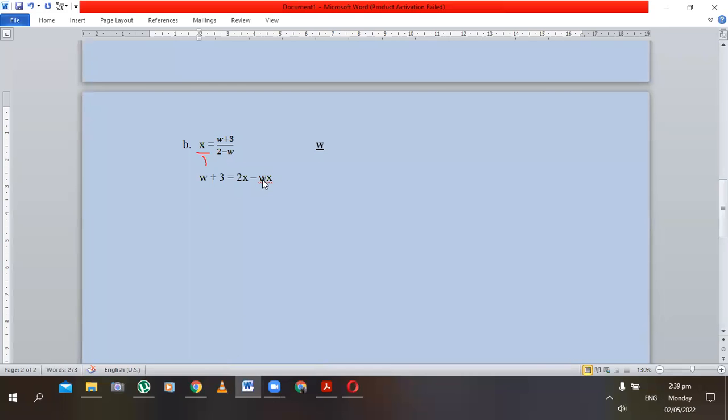Then the second step is to collect the like terms, taking into consideration the rate of interest. So this guy goes there, and this guy goes this side. And when that happens, we're going to get w plus wx equal to 2x. Now the 3 becomes minus.